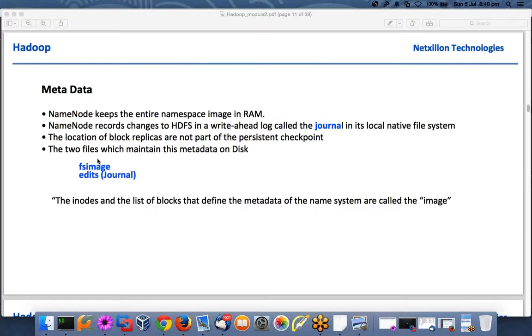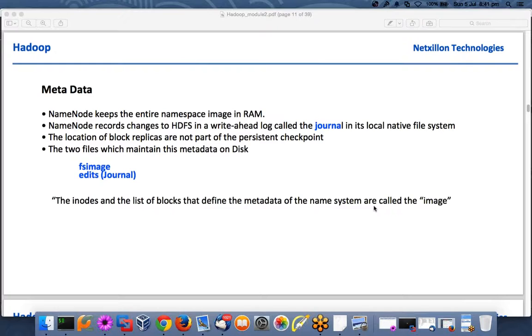As I said, name node will not persistently store the mapping between a block and data node. So these are the two files a name node will have: fs image and edits. The inodes and the list of blocks that define the metadata of the name system is called an image.